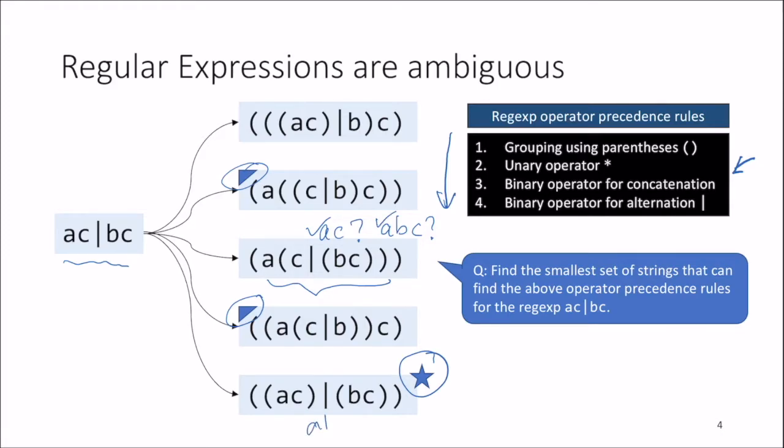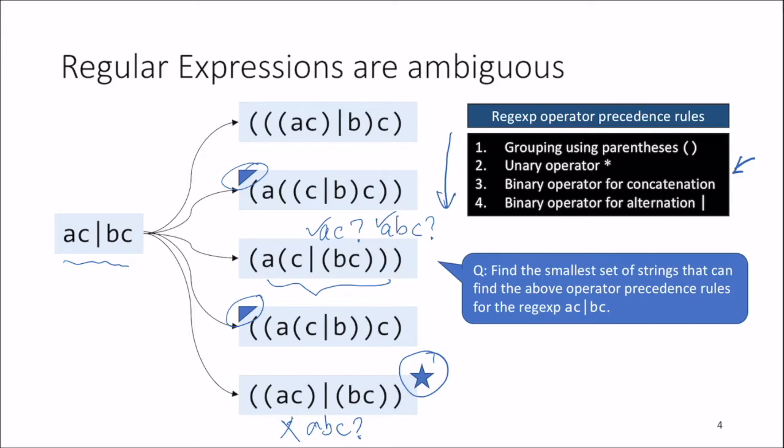Whereas if you consider this one, the one that's winning, does this recognize ABC? You can see that it cannot, right? So there are strings that can be used to distinguish which regular expression bracketing is being used by the implementation. So we know that almost every regular expression implementation uses these operator precedence rules.